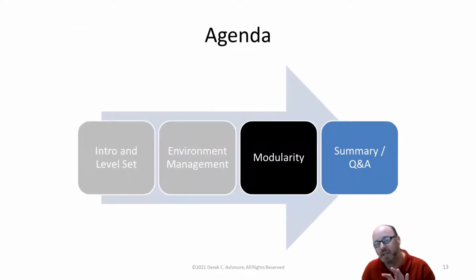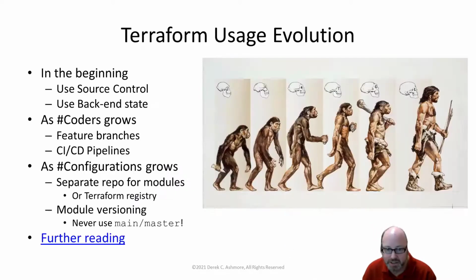Let's talk about making your Terraform more reusable and easy to share between configurations. But first, let's talk about evolution. In the beginning, don't assume more complexity than you need. If in the beginning you only have one or two people configuring your Terraform enterprise-wide, use source control, use backend state from the beginning, but additional complexity is not normally necessary.